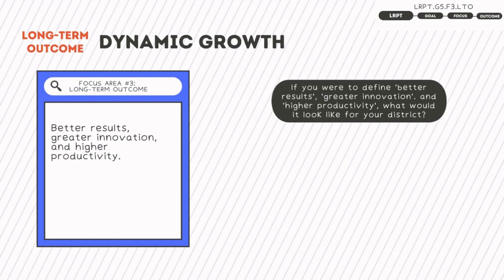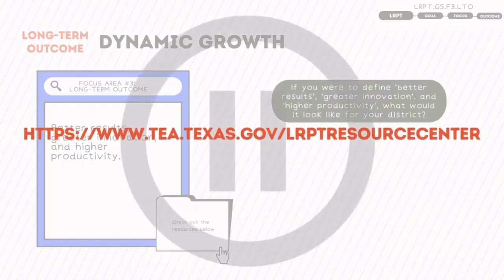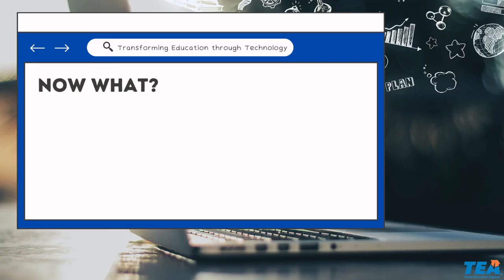How would reaching these improve your district holistically? Use the resources below to help guide the realization of this outcome. Pause the video here and write in your workbook what this type of dynamic growth would look like for your district. We've covered everything for this focus area.